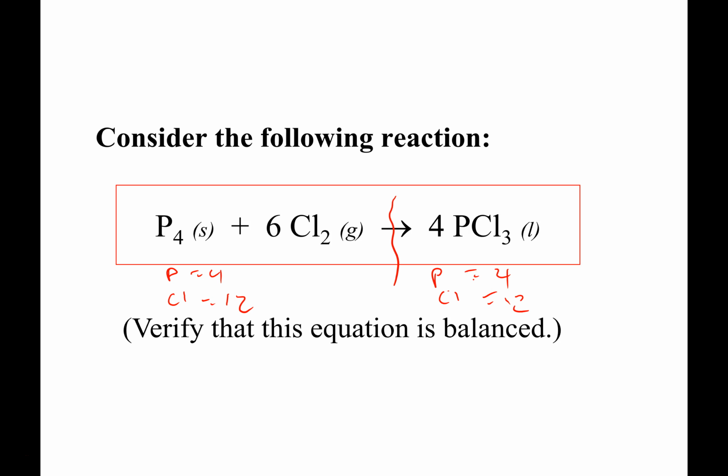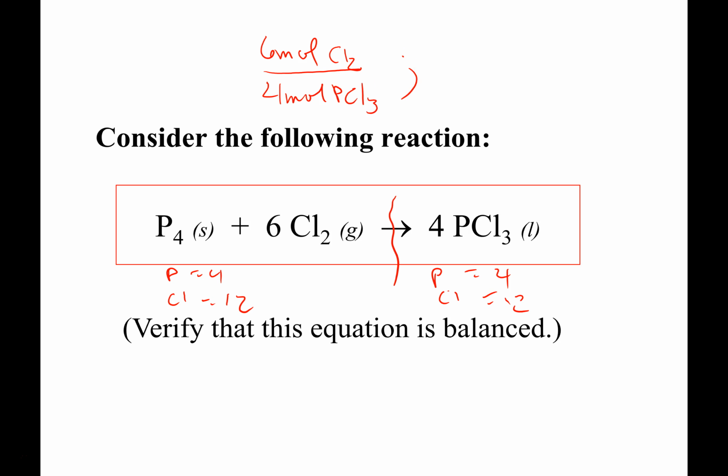But before we do this problem, I want you to be thinking what those ratios are going to look like. So for instance, if we pick on Cl2 and PCl3, I have 6 moles of Cl2 would need to react for every 4 moles of PCl3 formed.